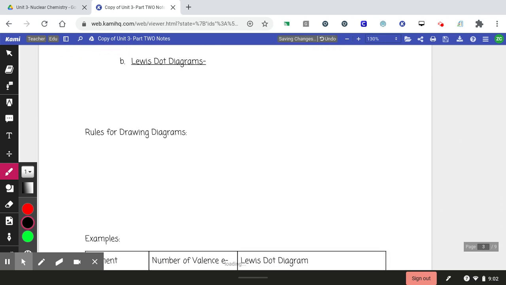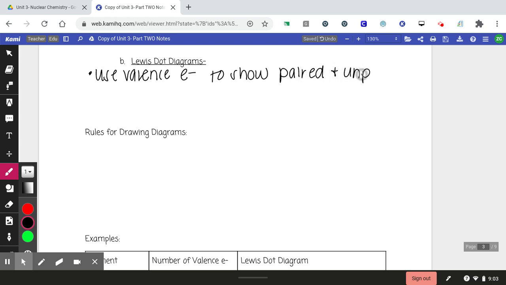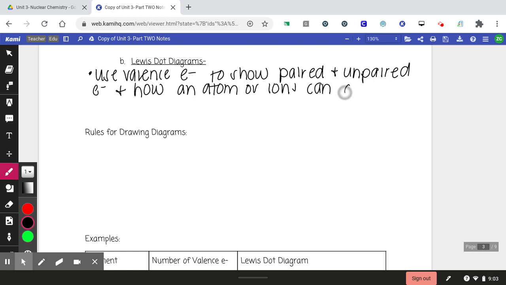We use those valence electrons in our Lewis dot diagrams. And some of you incorporated this into your element project. You drew the Lewis dot diagrams. So these use valence electrons to show paired and unpaired electrons and how an atom or ions can or already did bond with something else.